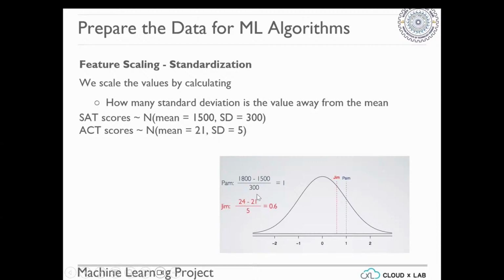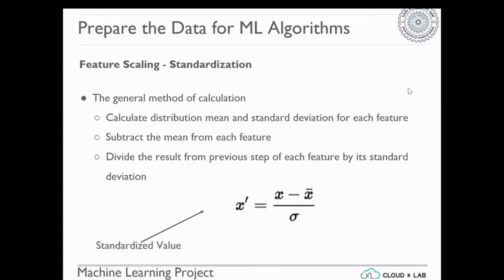For the second feature we are using another standard normal, and for the first feature we are using some other standard normal function. For that function, 1500 is the mean and 300 is the standard deviation. And for the other distribution, 21 is the mean and 5 is the standard deviation, right?